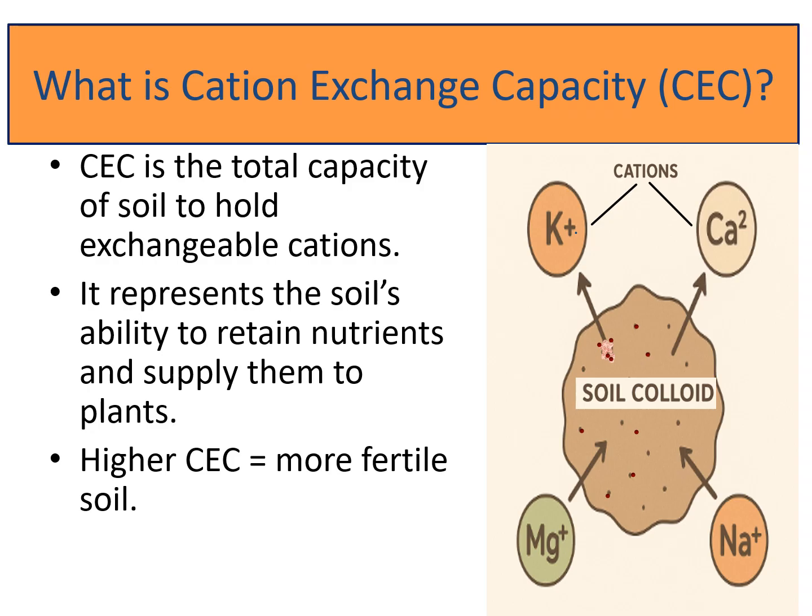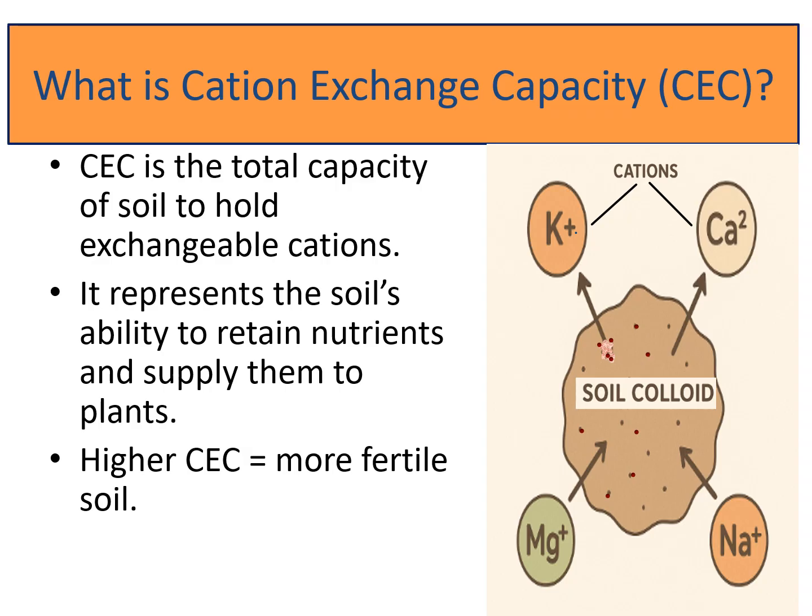These cations include important plant nutrients like calcium, magnesium, potassium, and sodium. They also include some acidic cations such as ammonium, hydrogen, and aluminium.